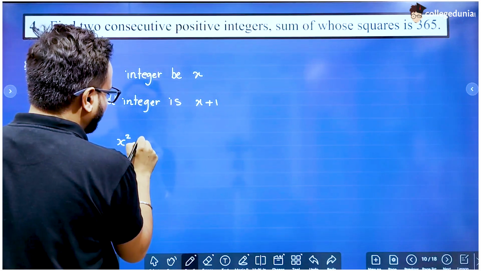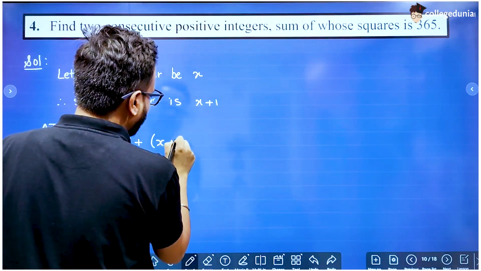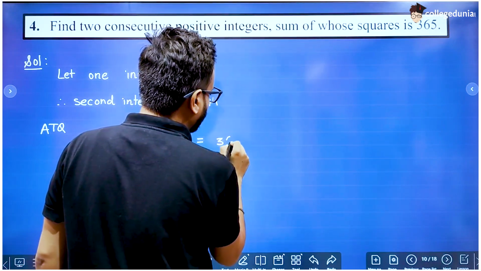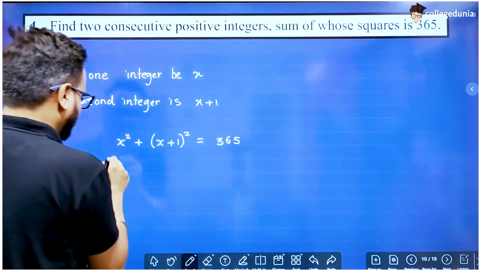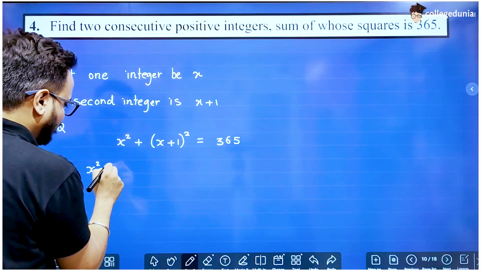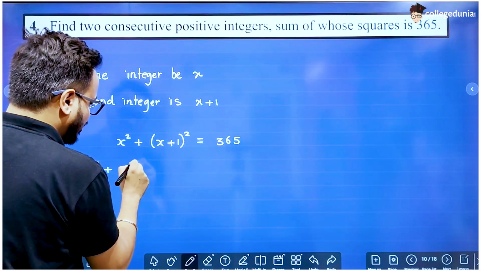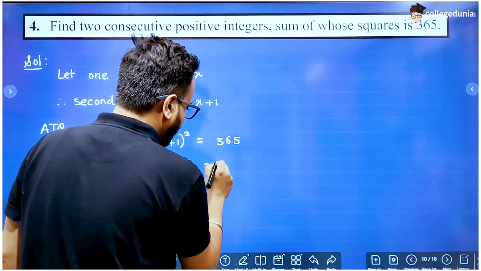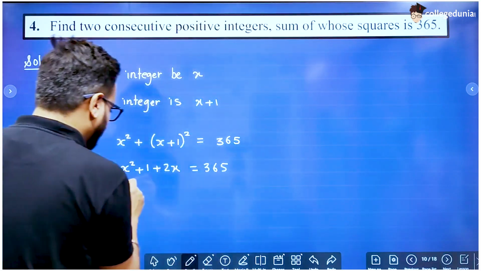x square plus x plus 1 whole square, that is equal to 365. So x square plus (a plus b) whole square, a square plus b square plus 2ab, equal to 365.